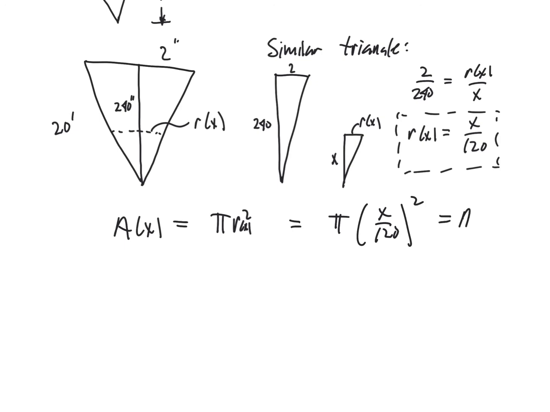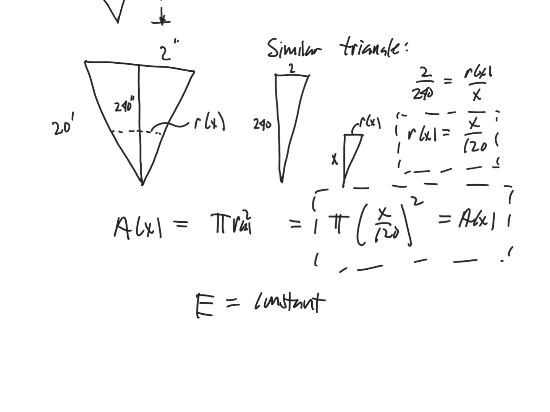So that is our A of x. There we go. So now we have A of x, and we also know that E is a constant. So the only thing that's left is the axial force. And we'll pick up that as we start part B of our lecture, but part A is wrapped up.